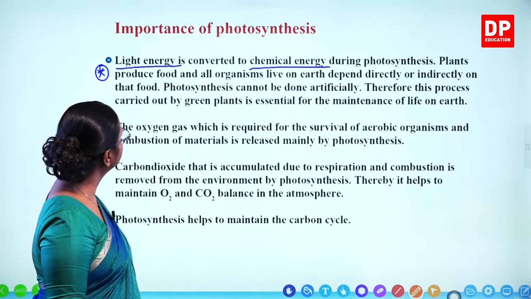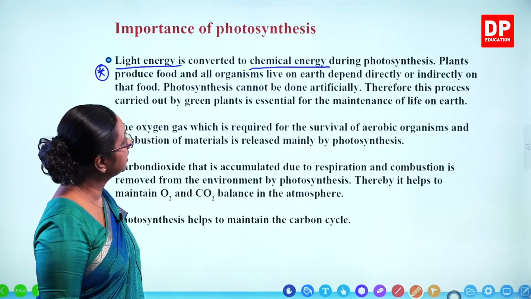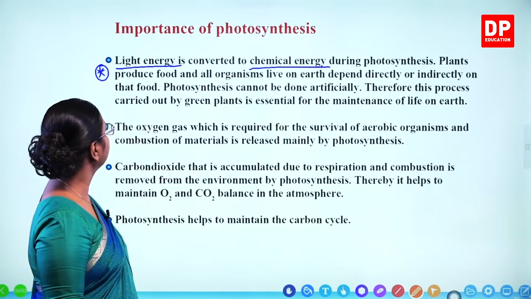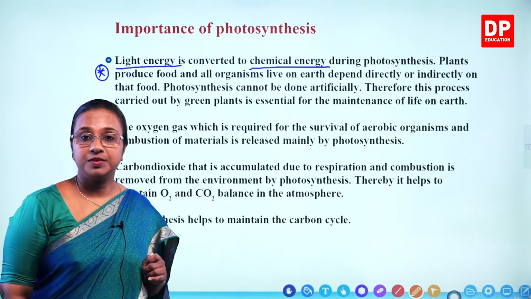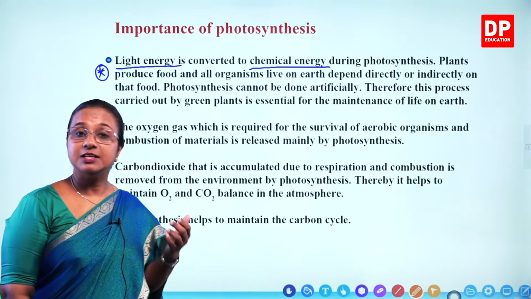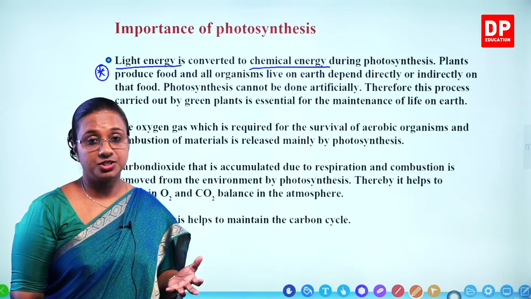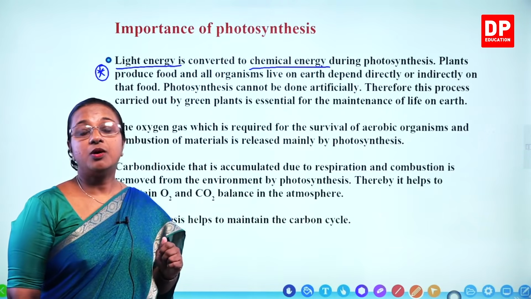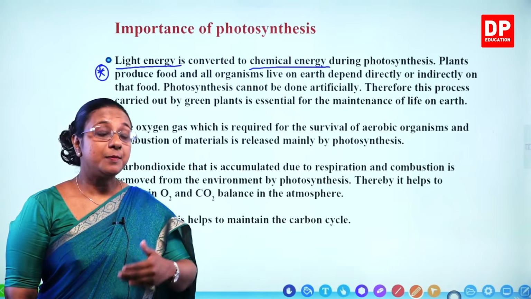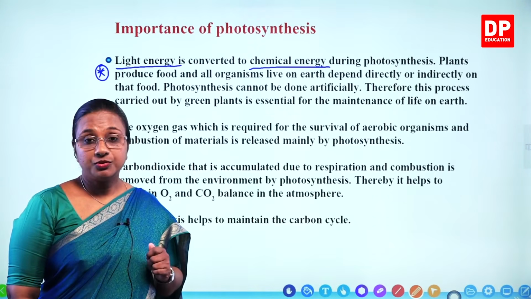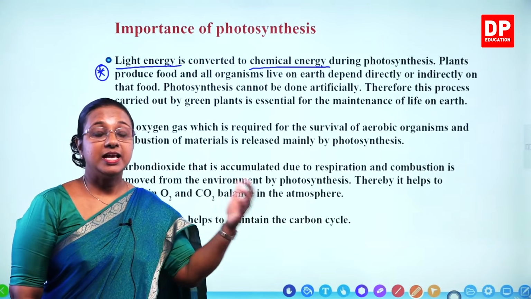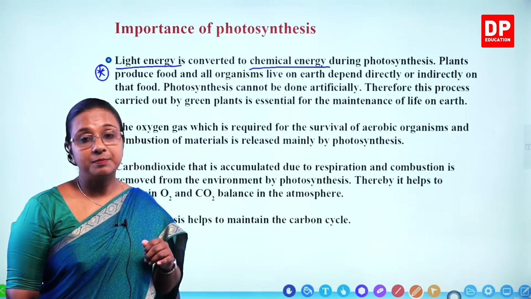Plants produce food, and all organisms living on earth depend directly or indirectly on that food. At the beginning of the lesson, we discussed the different modes of nutrition. Autotrophic organisms produce their own food, but heterotrophic organisms, if they are herbivores, directly consume the plants.